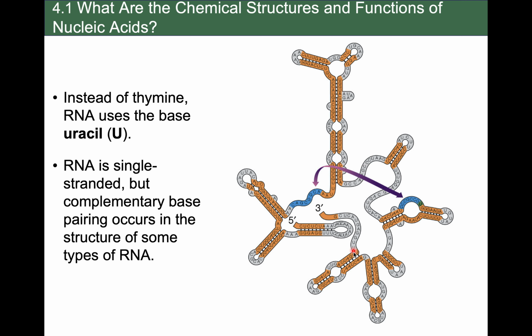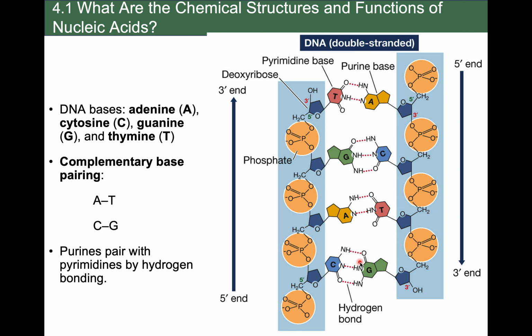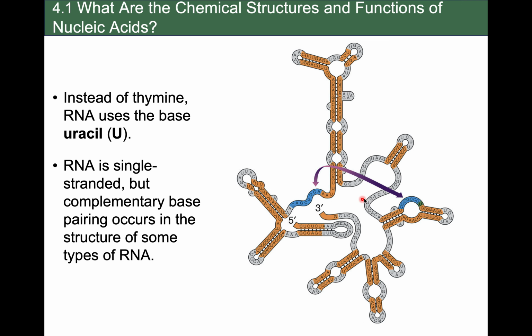So even though it is generally considered single-stranded, in one RNA molecule you may have complementary stretches of RNA that are capable of forming hydrogen bonds with each other, just like you would see here with the DNA. So you'll get this kind of unique structure where you'll have some portions that are truly single-stranded in gray here, and then some portions that are hydrogen bonded to each other in orange.